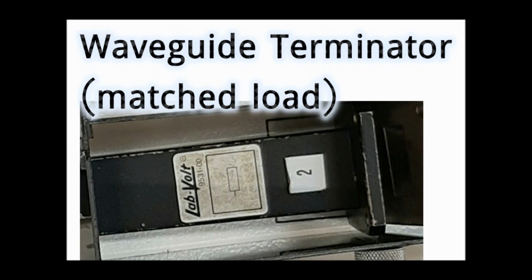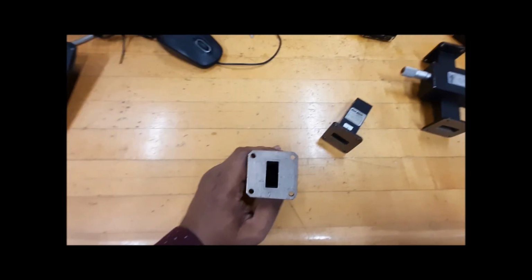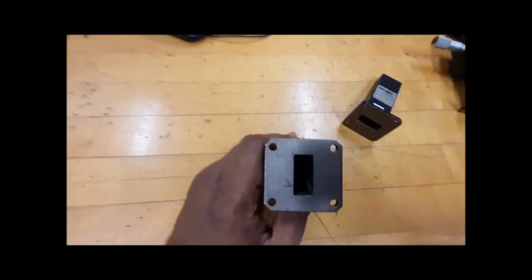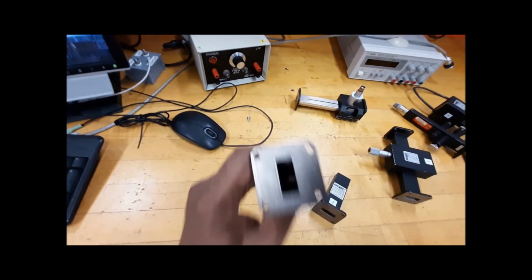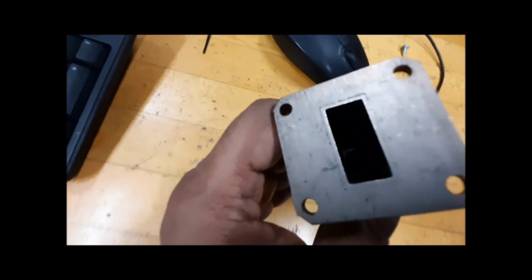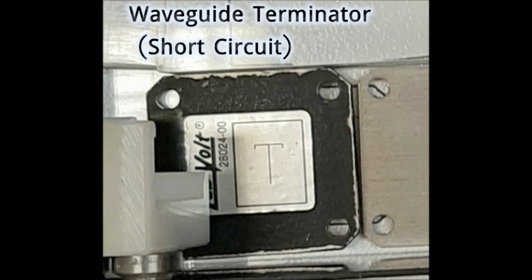If you look at the equipment we introduced so far, you will see some equipment is open on both sides. Some equipment has one side closed and one side open. An instrument that is open on both sides must be terminated with some device.